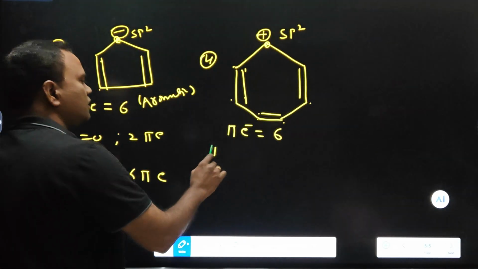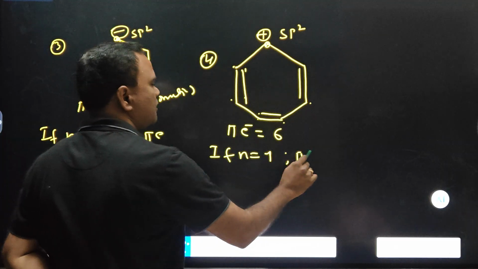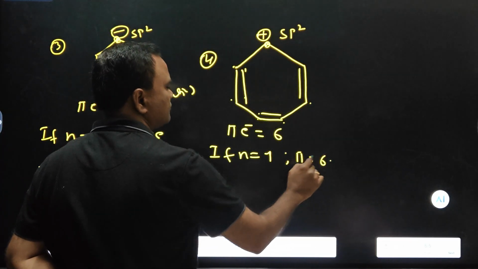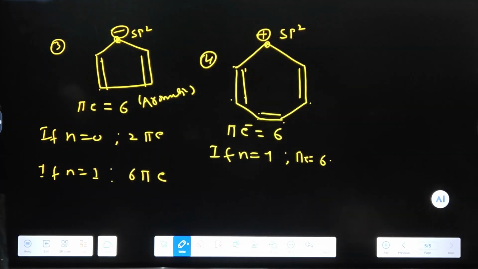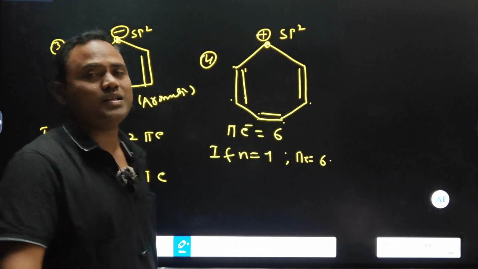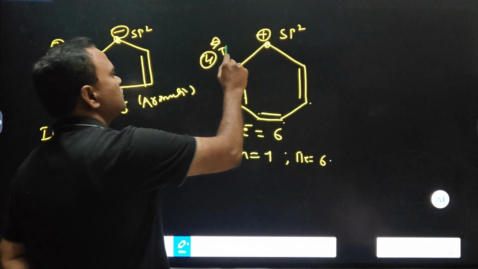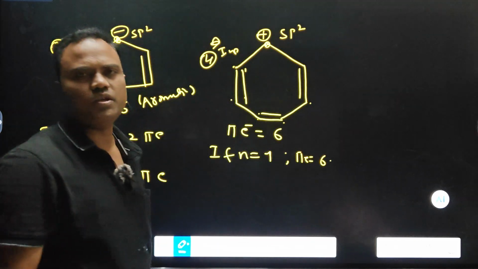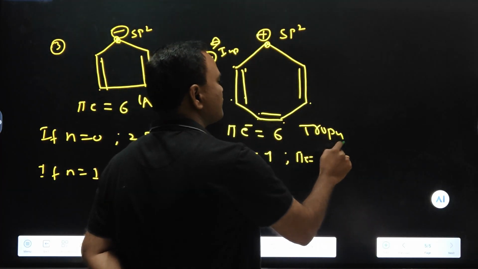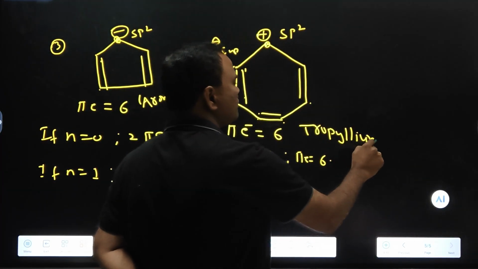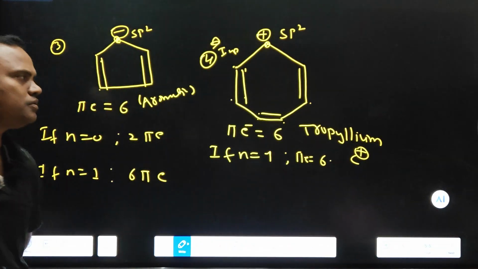If n is equal to 1, then we will get 6 pi electrons. So aromatic, and its name is important. I said this example only has come twice in NEET. So the name is very, very important. Tropylium carbocation. Tropylium carbocation. The question came 2 times in NEET.